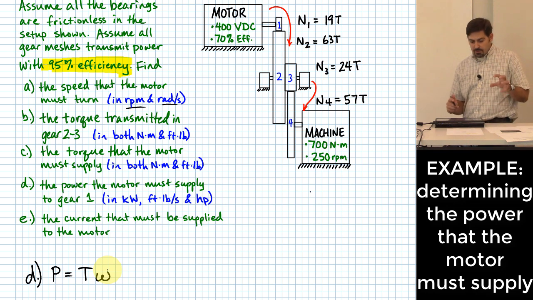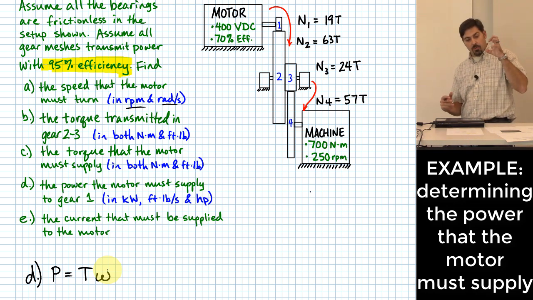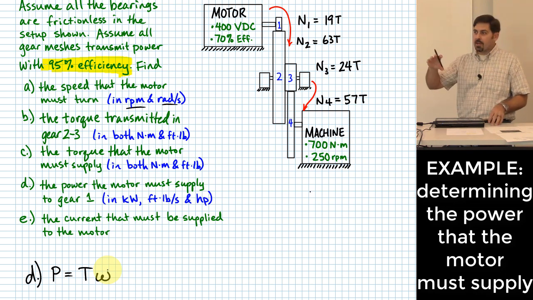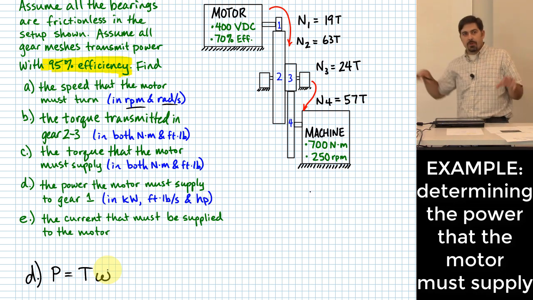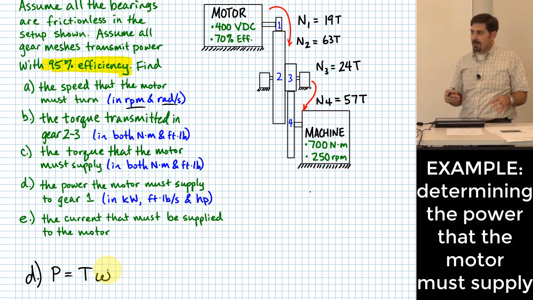If you're using this formula of P equal T omega, you're finding the power for a particular torque applied to a particular piece that has a particular omega. So don't take an omega from one part of the system and multiply it by a torque from another part of the system and say, well, there's my power, right? That doesn't make sense. It has to be the omega at the location where the torque is being applied, right?